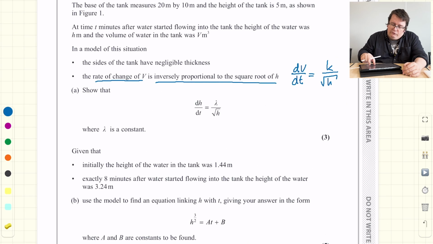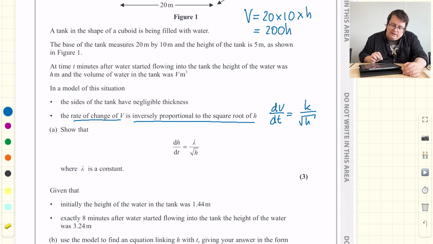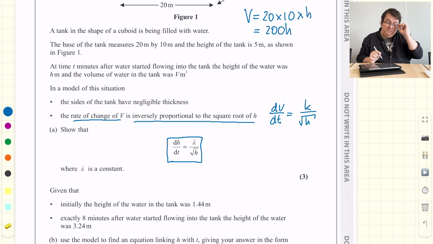So let's just go back up to what we need to find. It's saying, show that dh by dt is lambda over root h. Now the key thing here is that we want dh by dt, and so far we've got dV by dt. So there's a bit of connected rates of change here.